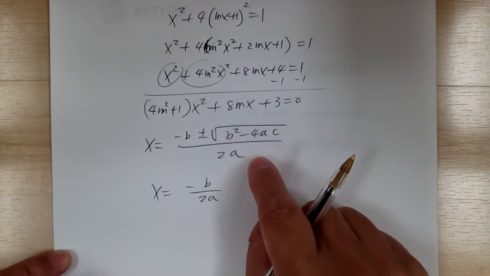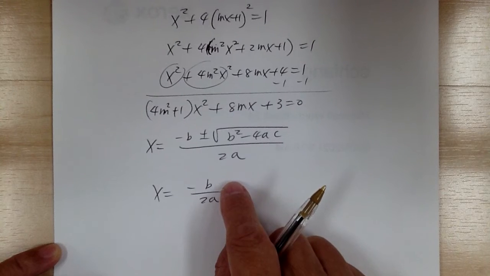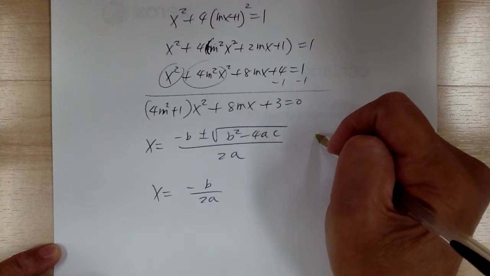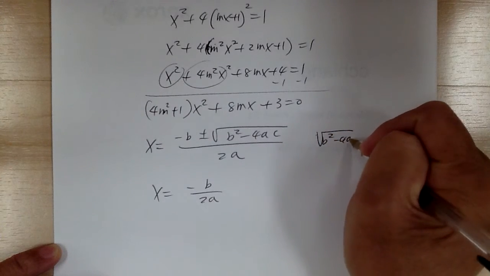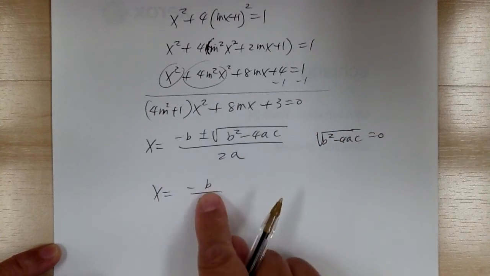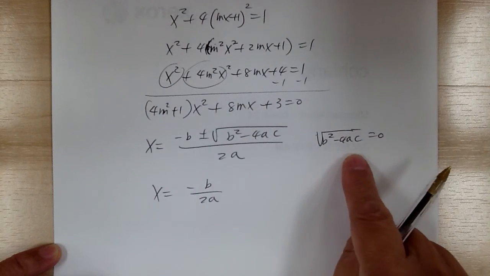Okay. And so from here, you have the square root of b squared minus 4ac equal to 0. And so let's go and solve this part over here.